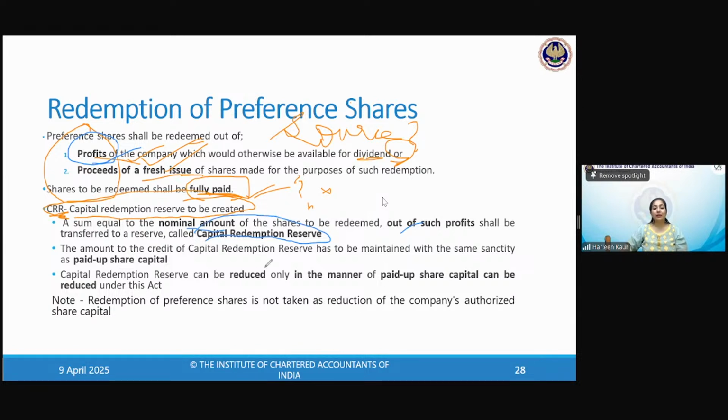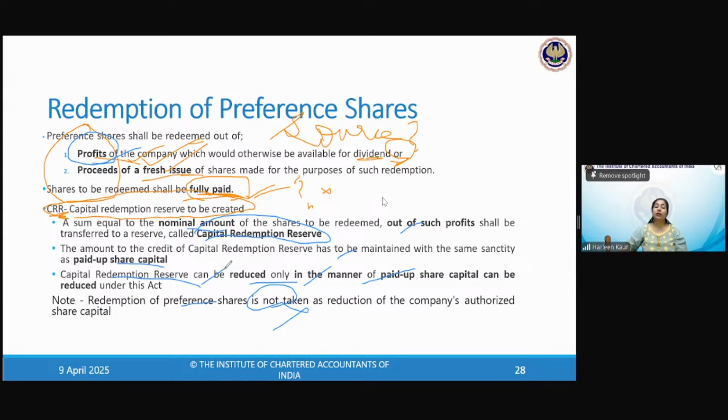And this capital redemption reserve account has to be maintained in the same way as the paid up share capital is maintained. It can be reduced only in the manner the paid up share capital is reduced, means redemption of preference shares is not the reduction of share capital.